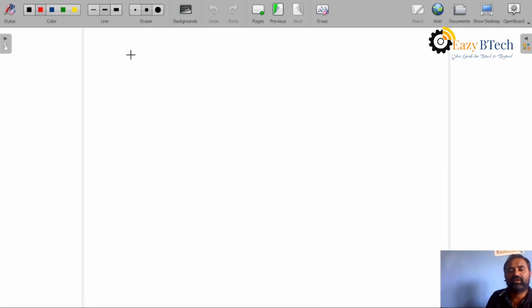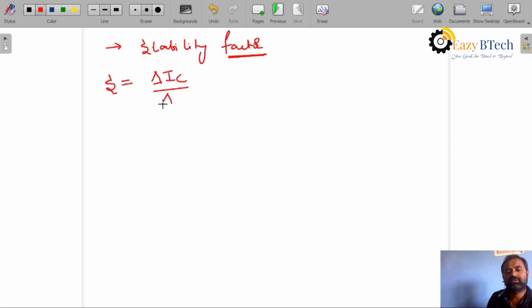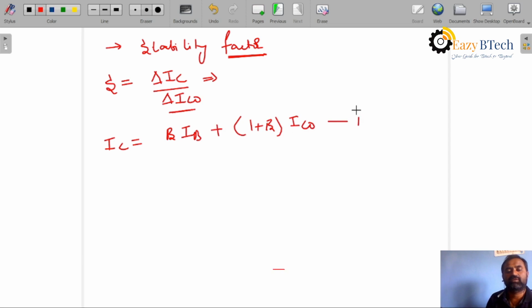Now we will find the stability factor. What is the stability factor? Change in IC by change in IC naught. We know that IC is equal to beta IB plus (1 plus beta) IC naught, equation 1.